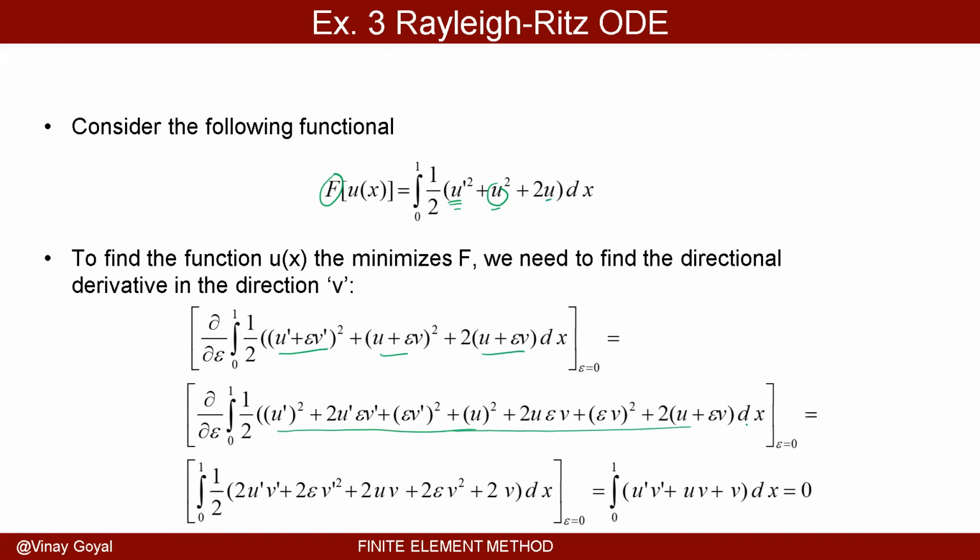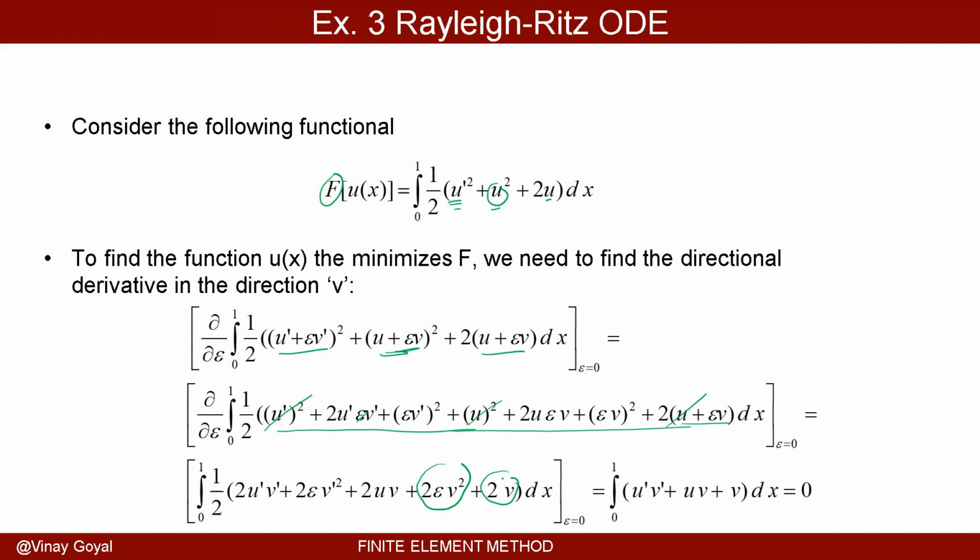Expand the whole thing. Here, this is squared. The derivative of this with respect to epsilon, there is no epsilon here so that goes to 0. The derivative of this with respect to epsilon is just that, going to 1. Here you're going to get a 2 epsilon v squared. That goes to 0. This one goes to 0. So you get these terms.